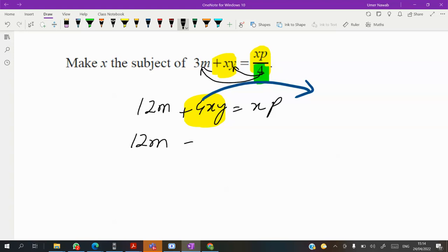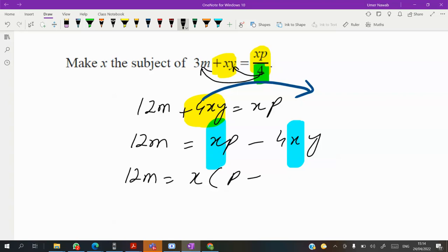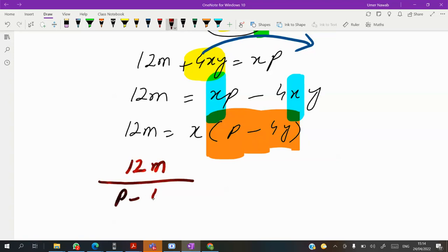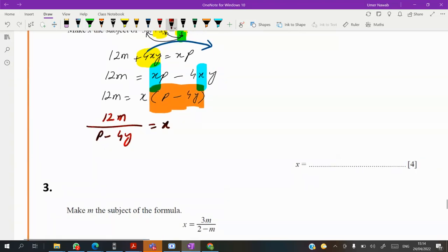So 12m equals xp minus 4xy. Interesting thing is x is common, so we take x common, and in the brackets we are left with p minus 4y. Now this bracket is multiplying here. The opposite of multiplication is division. So I'm going to write 12m over p minus 4y is equal to x. Now I have made x the subject.